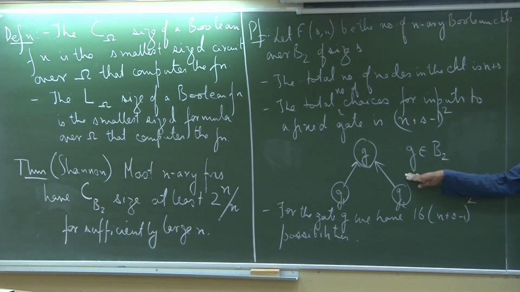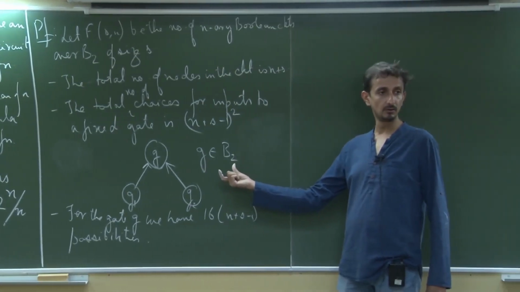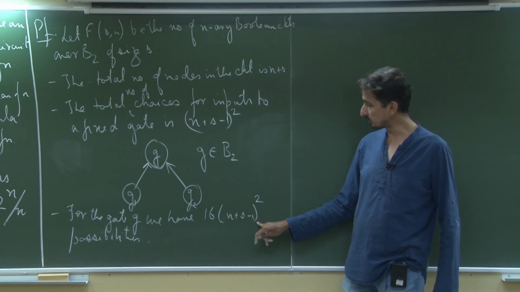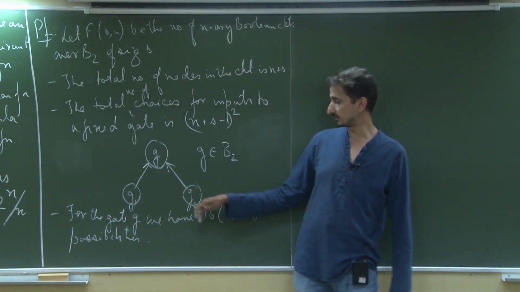So, G can be any of the 16 gates that are present in B2. There are 16 choices for G, there are n plus s minus 1 choices for G1 and there are n plus s minus 1 choices for G2.